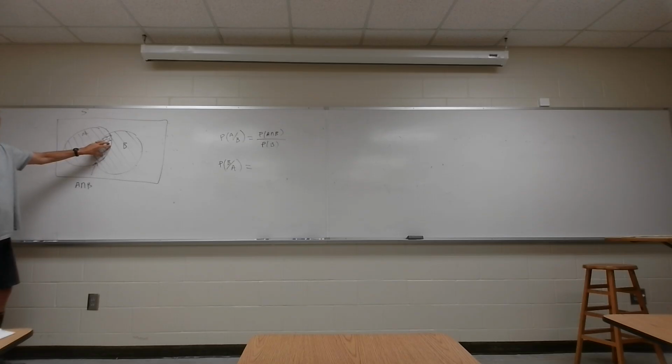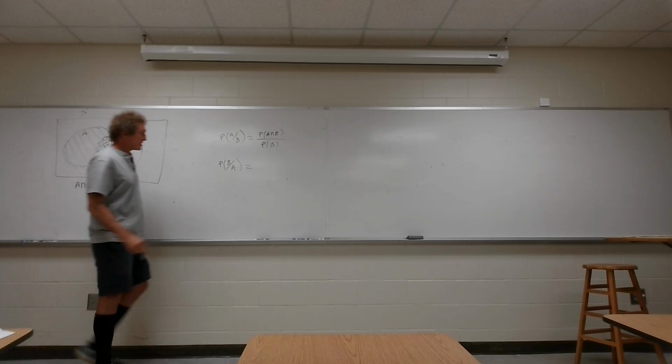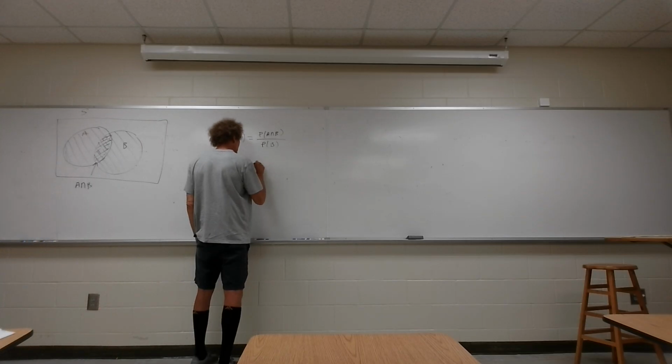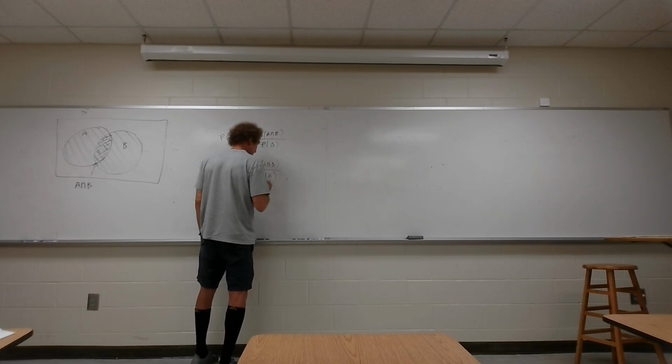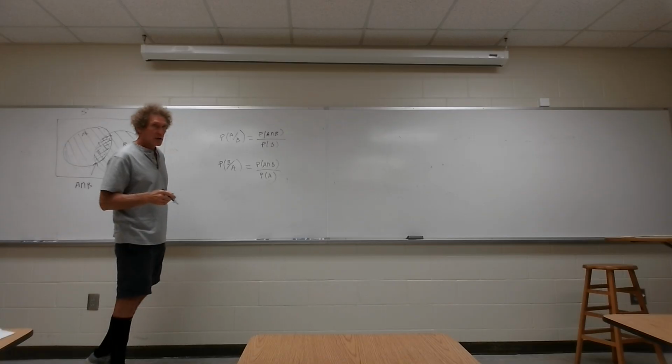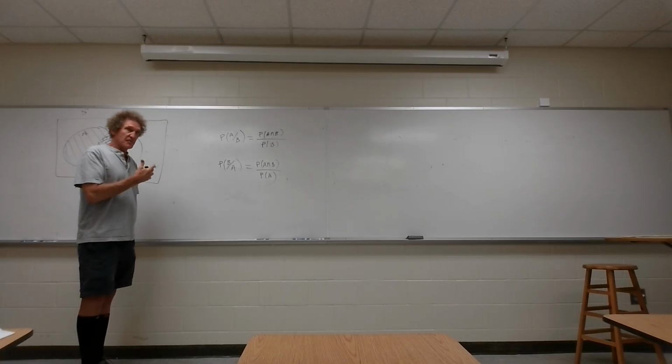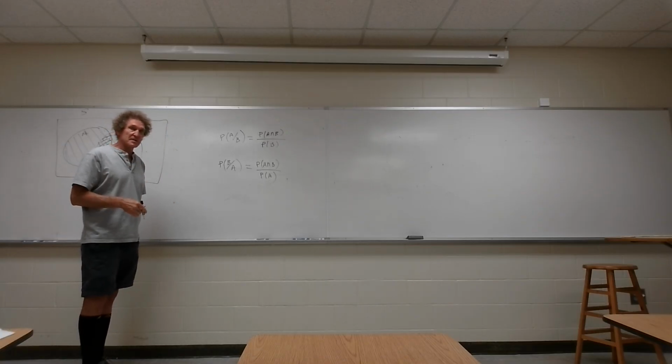Y'all follow me, class? So I can say for this, it's really going to be the probability of A intersect B over the probability of A. It seems almost silly for me to do that, but there's a very important reason.